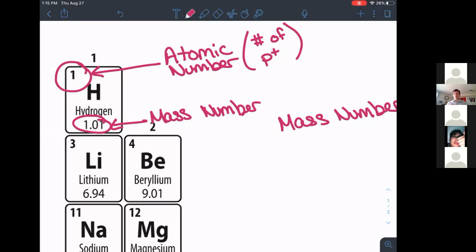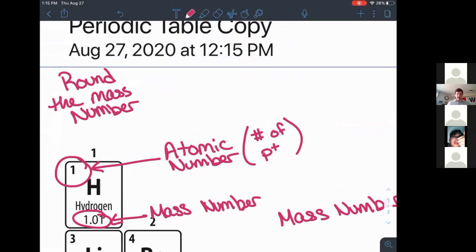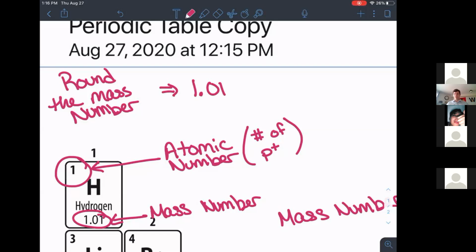So in our case, we're always going to round the mass number. At least for right now, we're going to round our mass number every time. So if we round the mass number of 1.01, what are we going to round this to? 1.